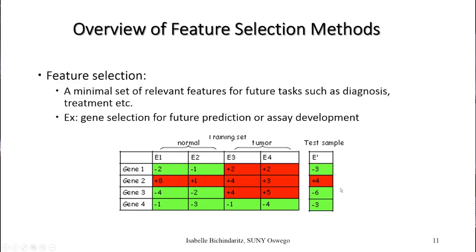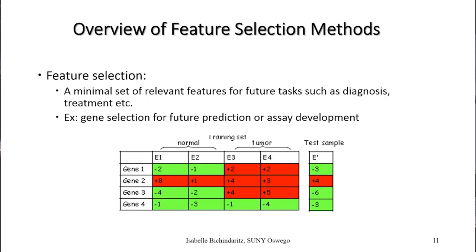We see that if we select gene 2, we're not going to get any information because gene 2 has the same type of expression both in normal and in tumor. So you definitely want to look at gene 1 and gene 3. And so based on the values of gene 1 and 3, I would say this test sample is normal. So you see how we can select.